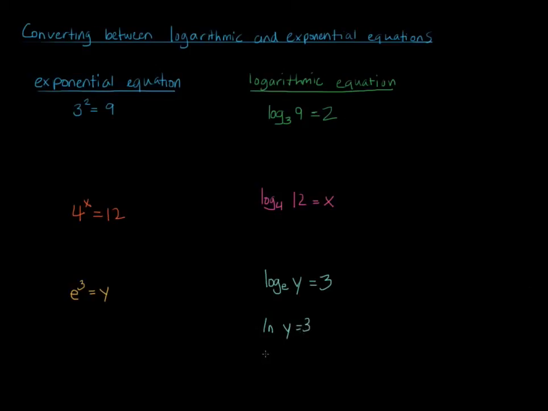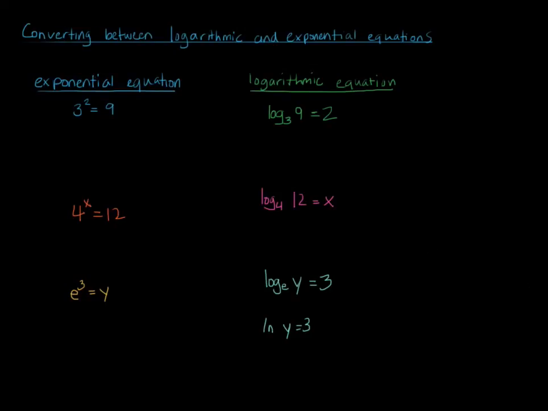The important thing to remember is that natural log is the same as log base e, and if you ever get confused by natural log, you should always change it back to log base e, and that will probably help your confusion. So natural log, we write ln, and don't call it line, it's natural log, but ln of y equals 3 is the same thing as saying log base e. So if you ever get confused, just go back to log base e.